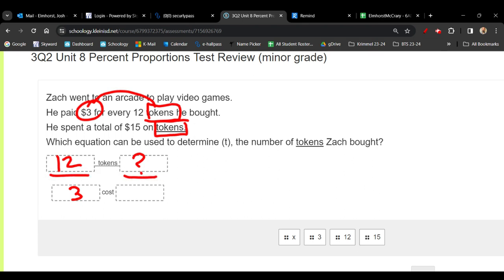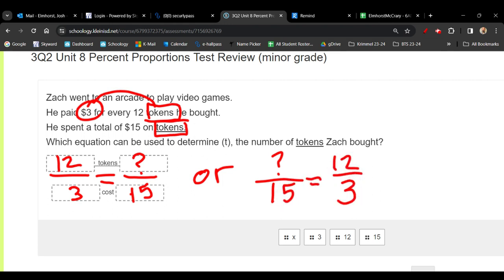And the tokens is question mark out of 15. So this would be building a proportion. You have 12 over 3, which is equal to question mark over 15, or question mark over 15 is equal to 12 over 3. Both of those would be correct as long as you have tokens to cost as your labels.